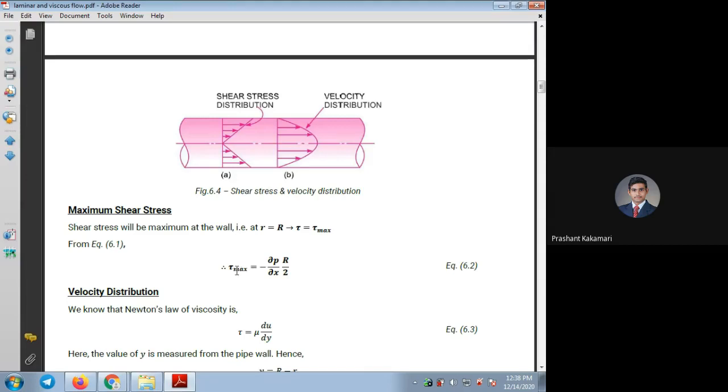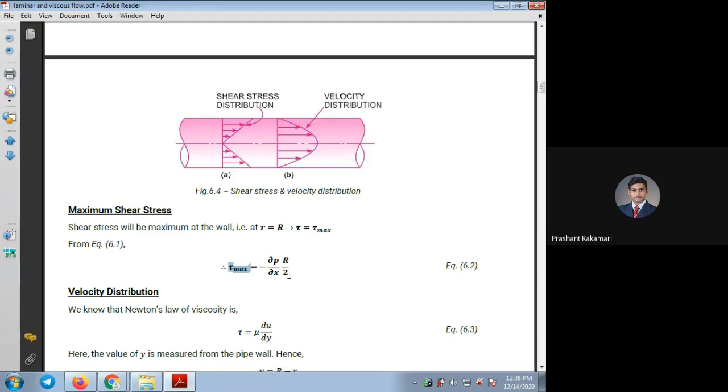If you are finding the shear at the surface of the pipe, the full flow radius, then tau max is minus dou P by dou x into R by 2.